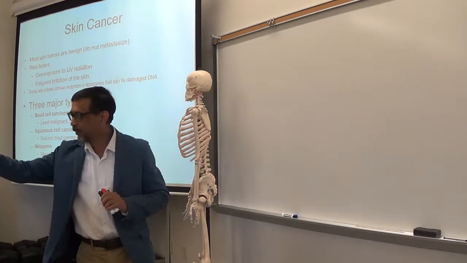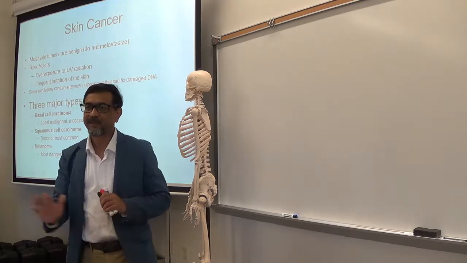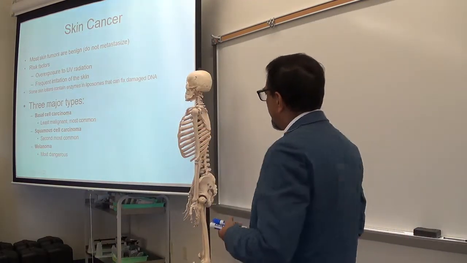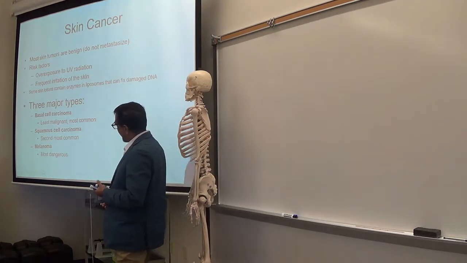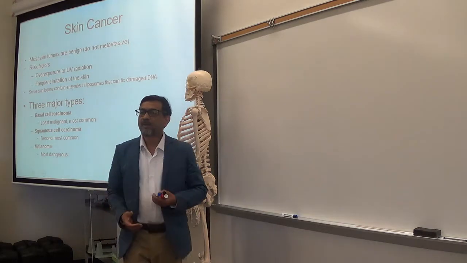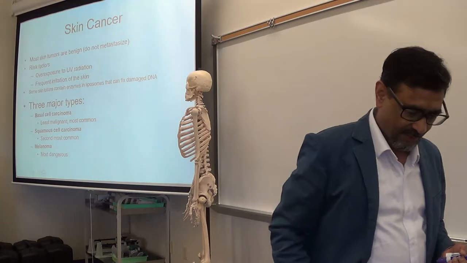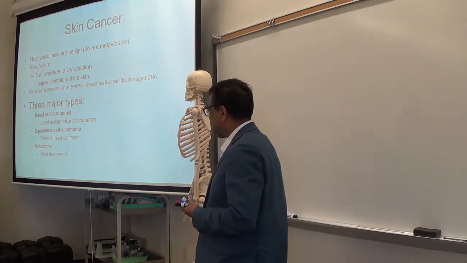The most common type of skin cancer is least malignant, okay? Least harmful. Then squamous cell carcinoma is the second most common type, and melanoma is the most dangerous form of skin cancer, okay? Because the metastasis is very high in melanoma.